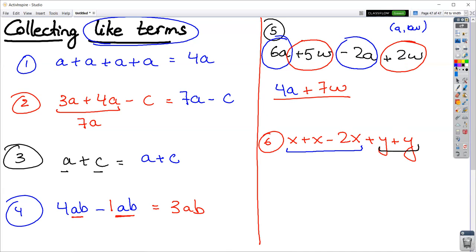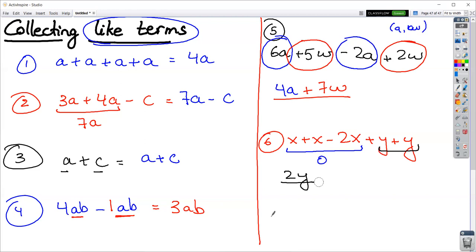To do the simplification of the x variables, we have got x plus x, which is 2x, and 2x minus 2x wouldn't be anything. So you'll be having just 0x, so you'll not be having any term. This whole thing would be equal to 0. We don't have any more x terms. Now we're going to go on to the next variable, which is y. With y, we are having y plus y. The simplification of them would be 2y.